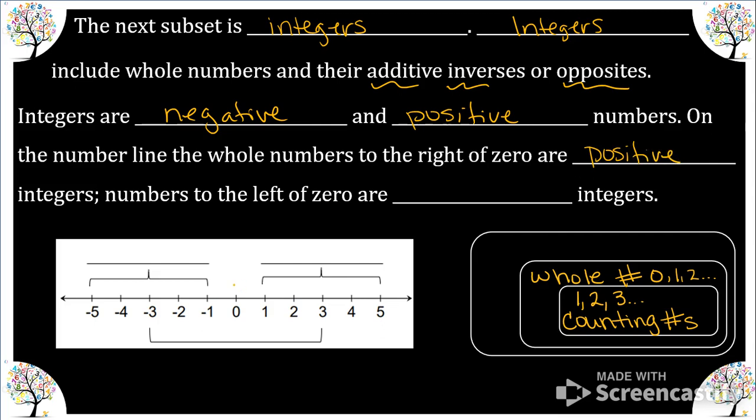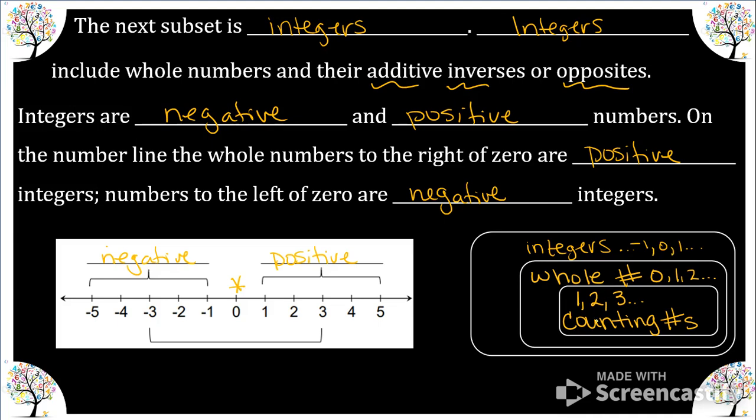Here we have our origin, the 0. To the right, we have positive integers, and to the left, we have negative integers. So our third subset are the integers. We have -1, 0, +1, and so forth.